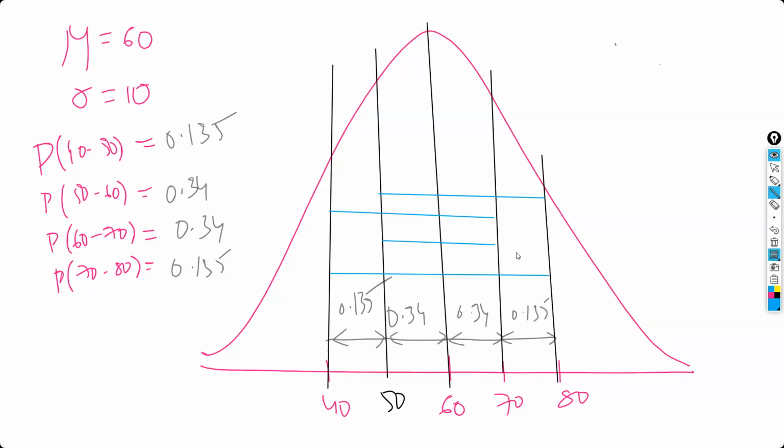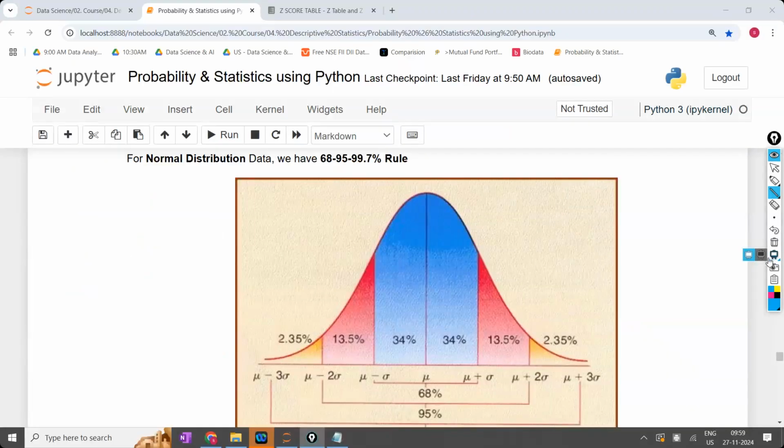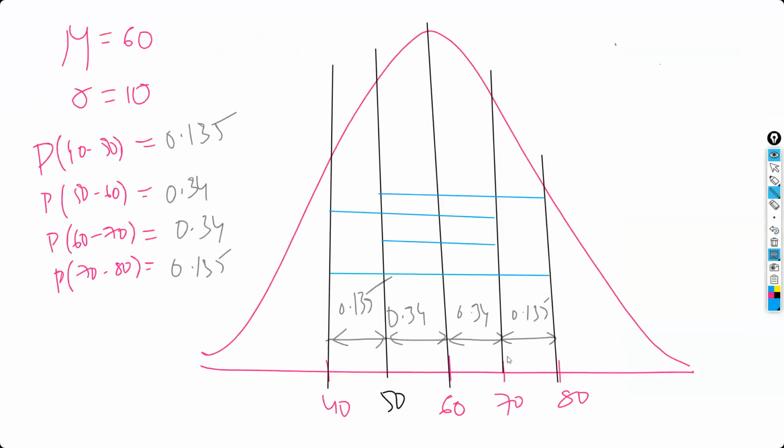Is that clear? Now, see here. For any mu value, from mu to mu plus 1 sigma, it will always be 0.34. From mu to mu minus 1 sigma will also be 0.34. If you accumulate from here to here, it is going to be 68.